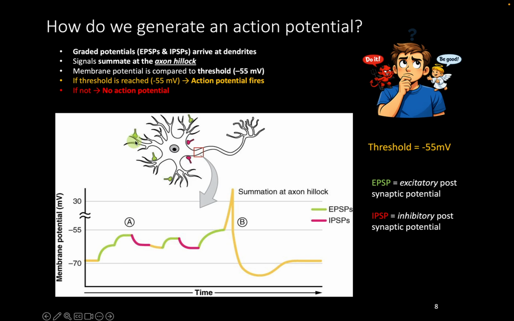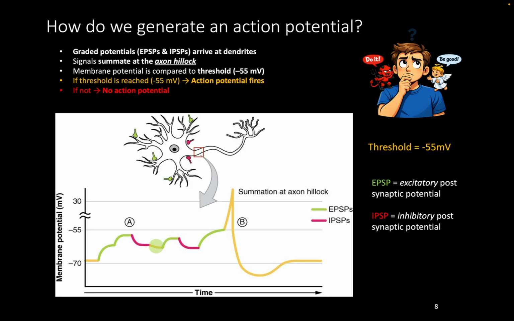But then a second neuron comes over here and sends its own excitatory postsynaptic potential. So that's great, we got another one. We're getting closer to threshold, but we still haven't made it. Now time is passing and we get a signal over here from this neuron. This one is red. This is an IPSP, or inhibitory postsynaptic potential. So you can literally see the voltage dropping because it is pushing it away from threshold.